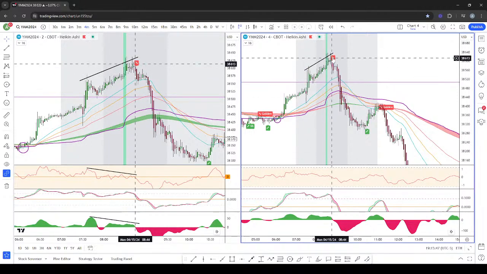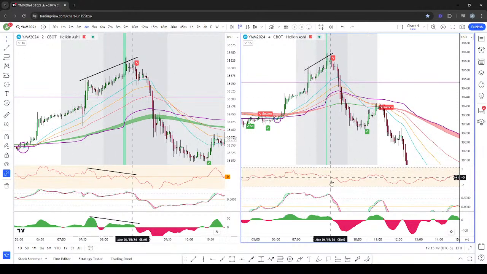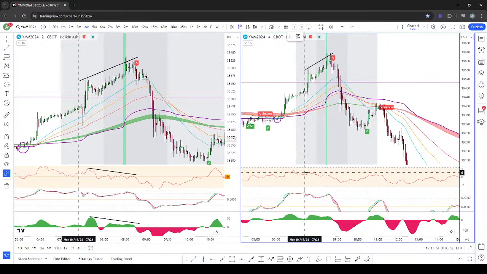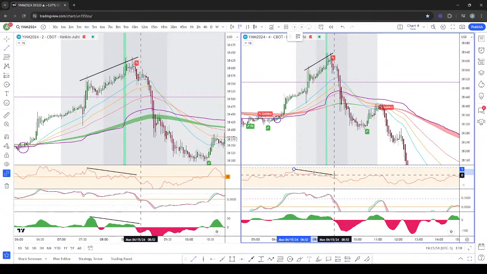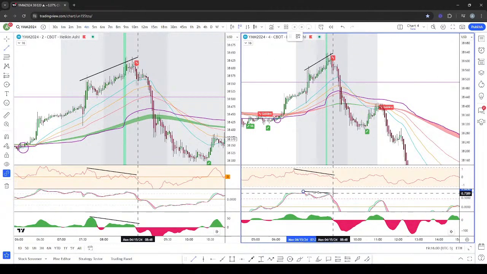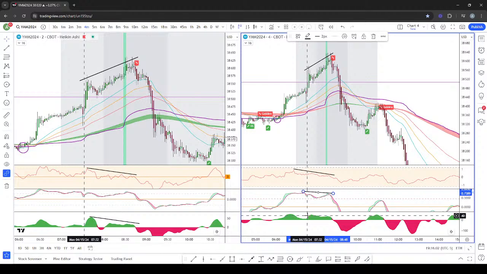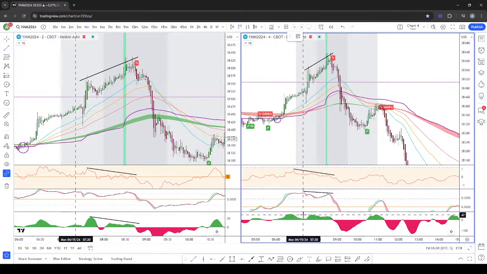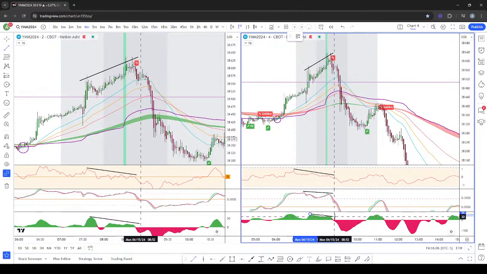So right in here on the 4-minute time frame, it's the same thing. You can see the shift in momentum coming down in here, and in this case on the TSI you can see the shift moving down, and also on the TTM squeeze it's moving down.